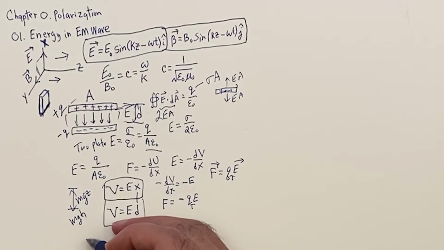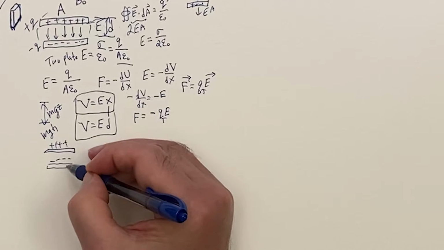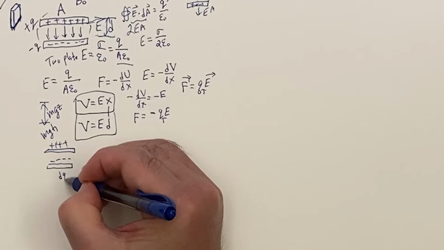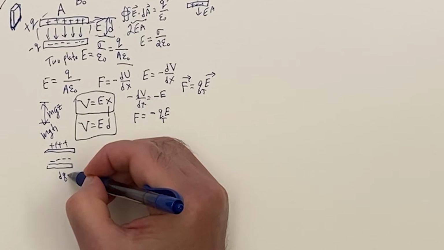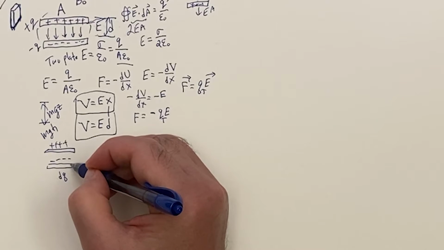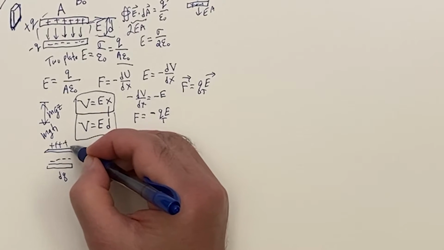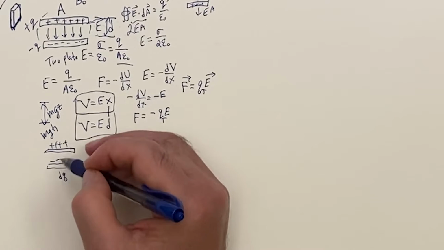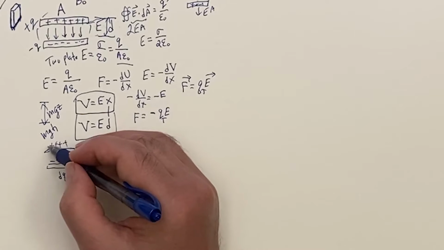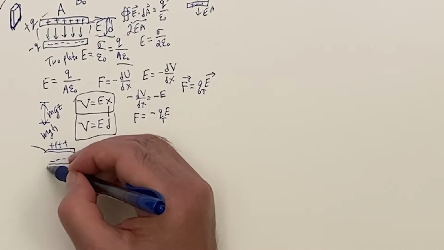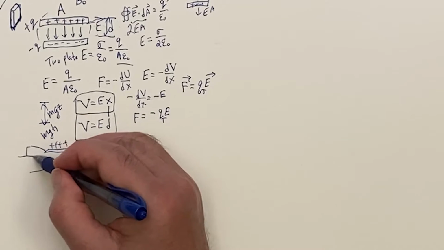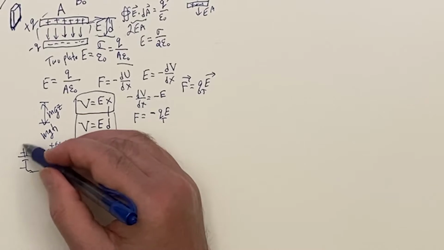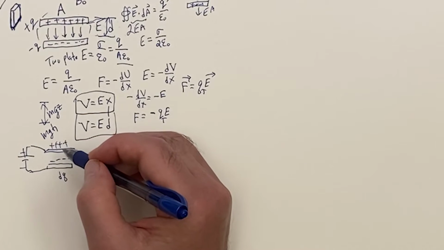So what we do is say, if we wanted to take a dq, a charge, and put a plus charge up here, like say you have some battery you're connected to, and you're forcing a plus charge on here. It's going to take some energy to do that.